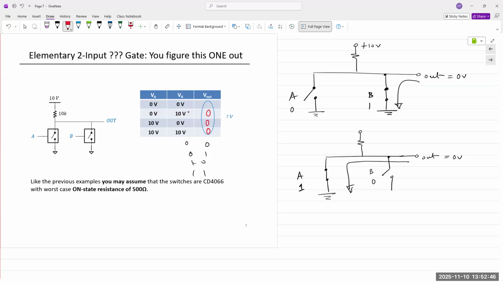And so output should be, well, not high, but we need to calculate. We need to calculate. Vout is 1, but what would the actual Vout voltage be?